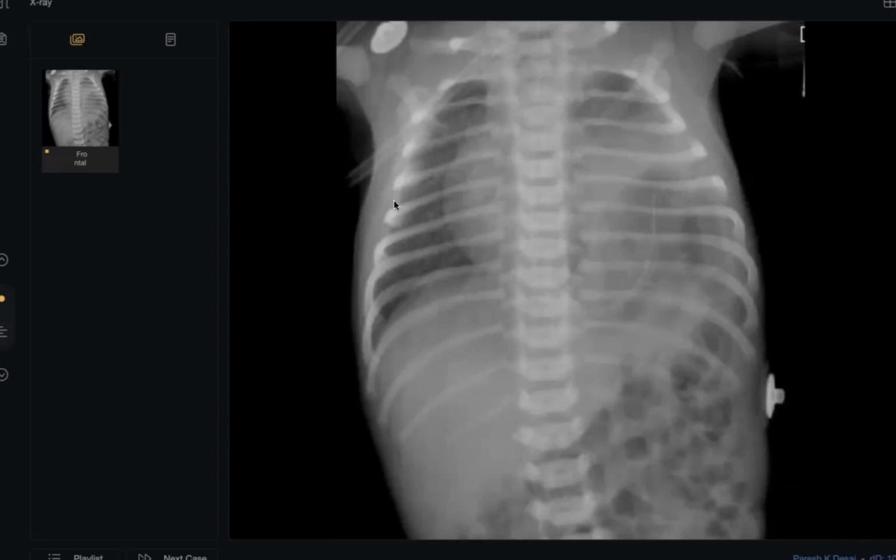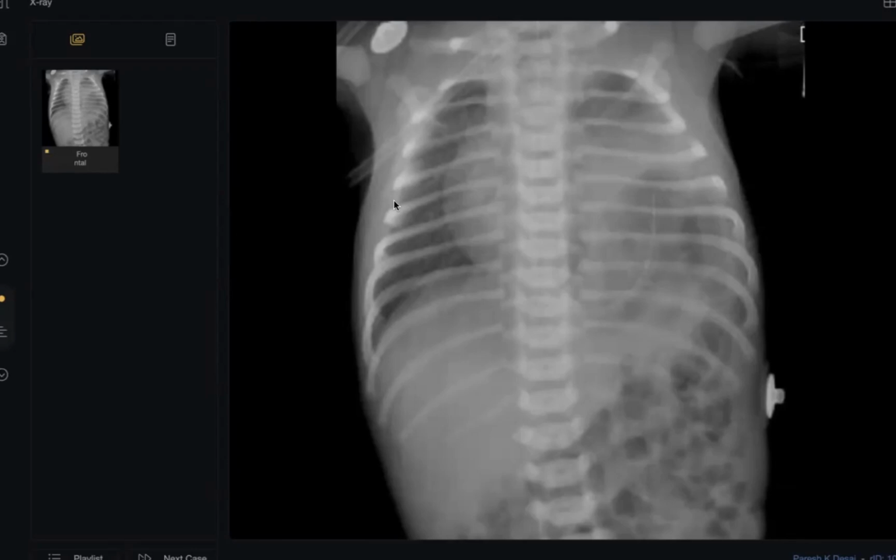Sir, Morgagni is anterior and Bochdalek is posterior. Which is left and which is right? Sir, Bochdalek is more common on the left and Morgagni on the right. Yes, 90% in the left, correct. Which is most common? Bochdalek is more common, and more harmful is Morgagni.